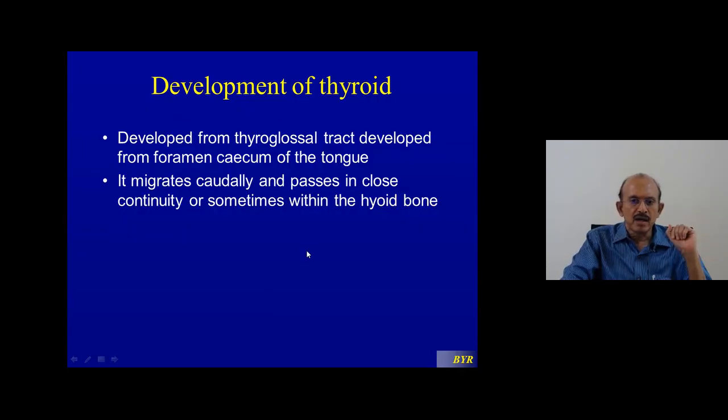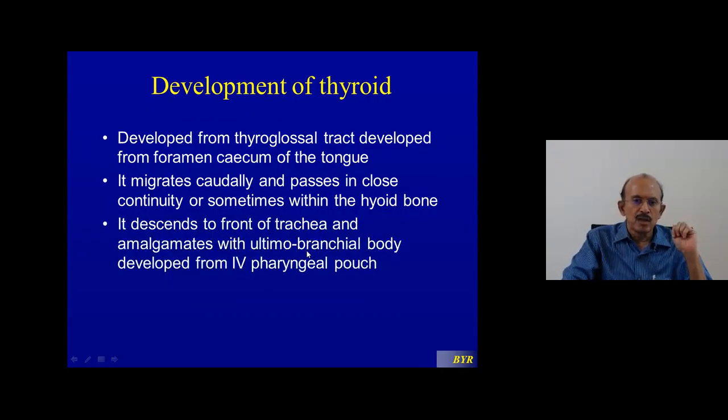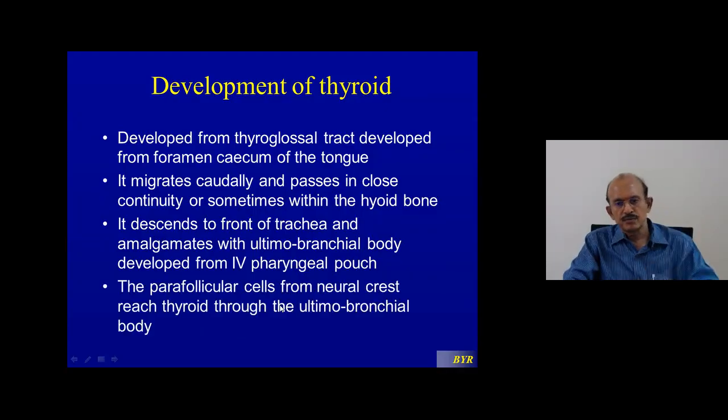It migrates caudally and passes in close continuity with, or sometimes within, the hyoid bone. It descends to the front of the trachea and amalgamates with the ultimobronchial body developed from the fourth pharyngeal pouch. The parafollicular cells from the neural crest reach the thyroid through the ultimobronchial body.